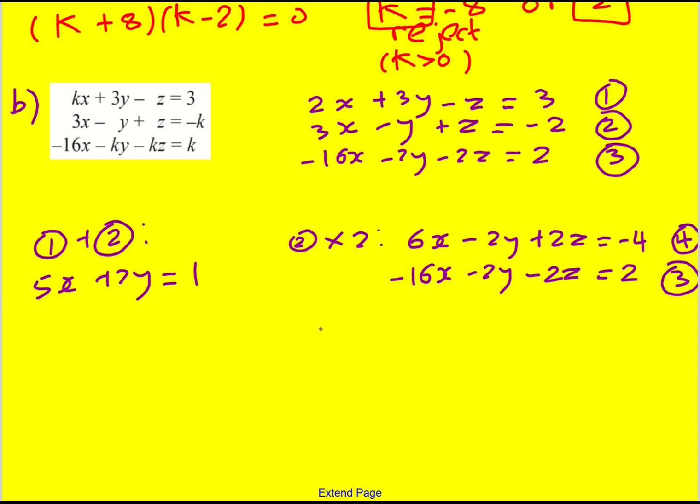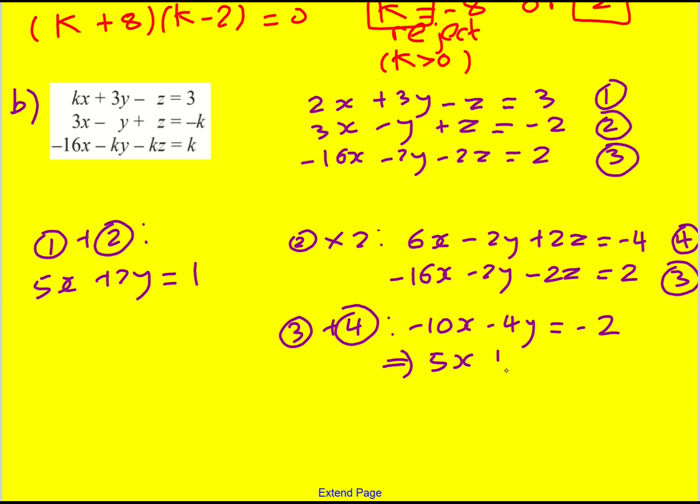So again, let's add them together. This gives minus 10x minus 4y equals minus 2. If I divide through by minus 2, I get 5x plus 2y equals 1.